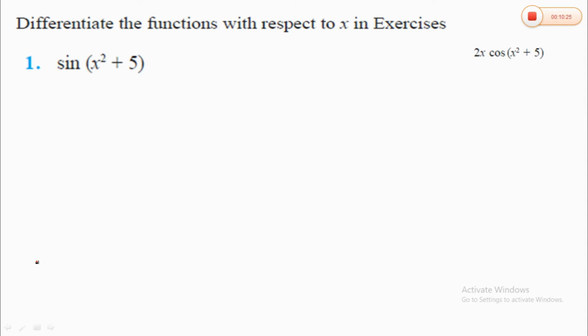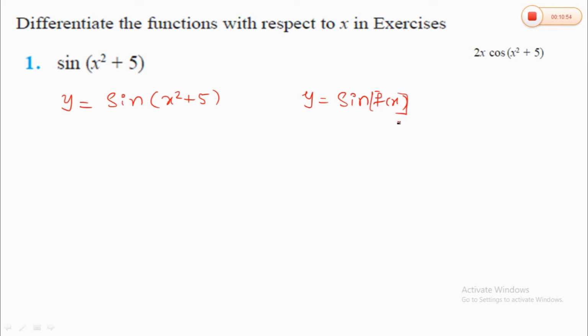Sine of x square plus 5. First write this as y equals sine of (x square plus 5). Observe, it is of the form y equals sine f(x), so the function is within the sine function.